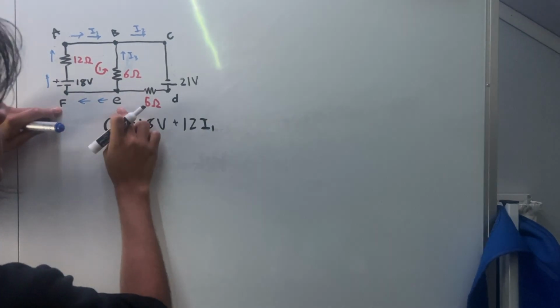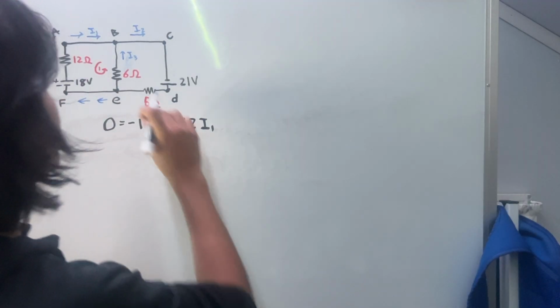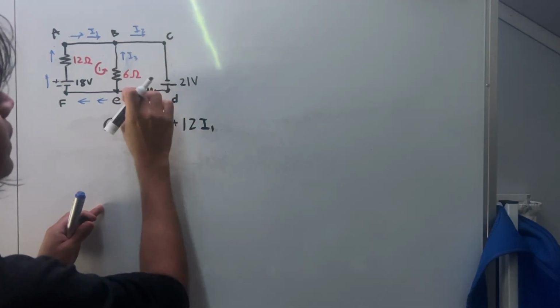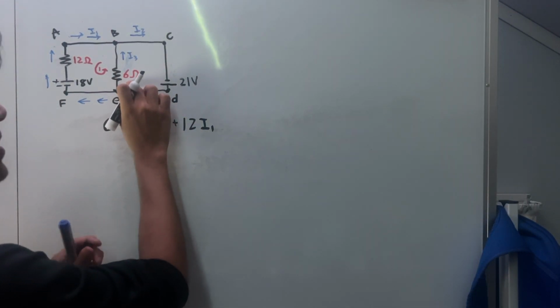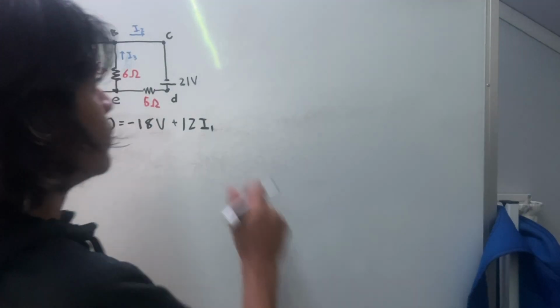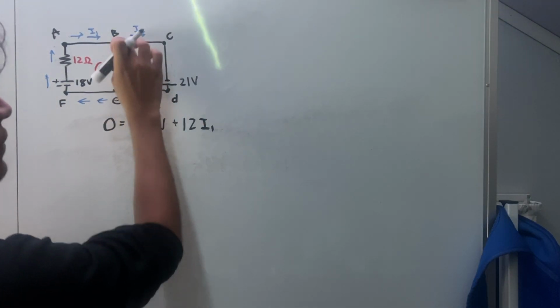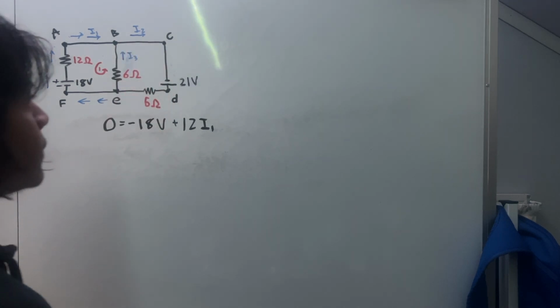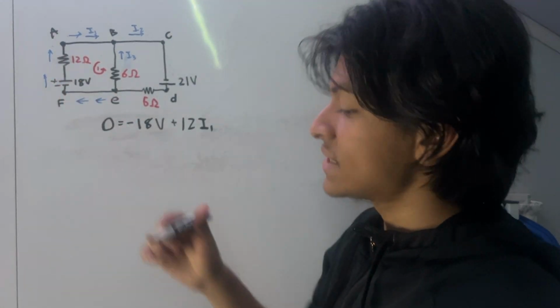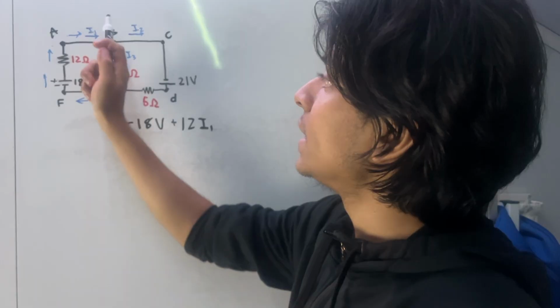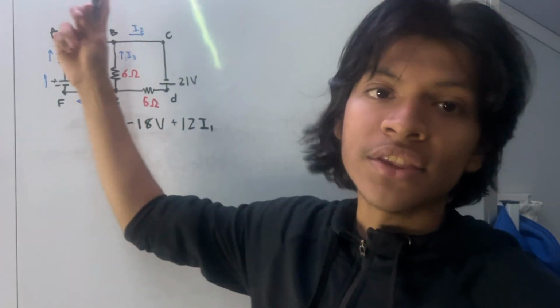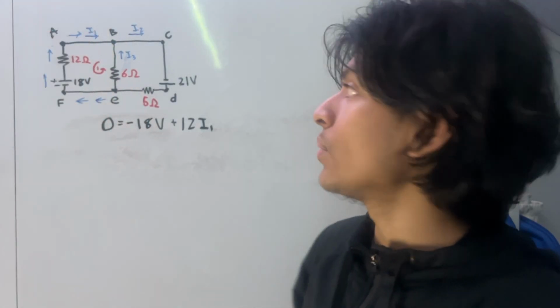From F to E, we have nothing there. When we go from E to B, now we have this 6 ohm resistor, and we have current I3 traveling across this line right here. As we go from E to B, we're traveling with the current, with I3.